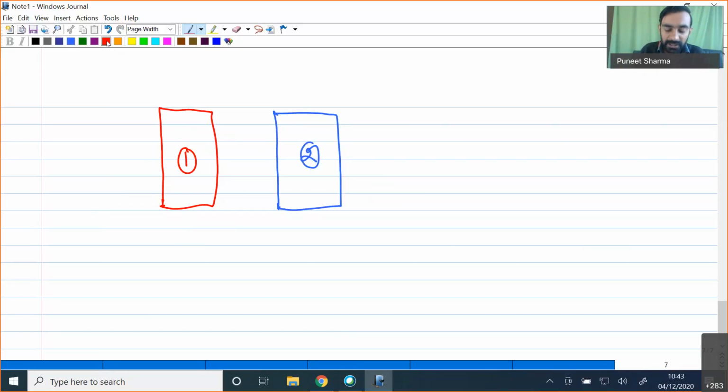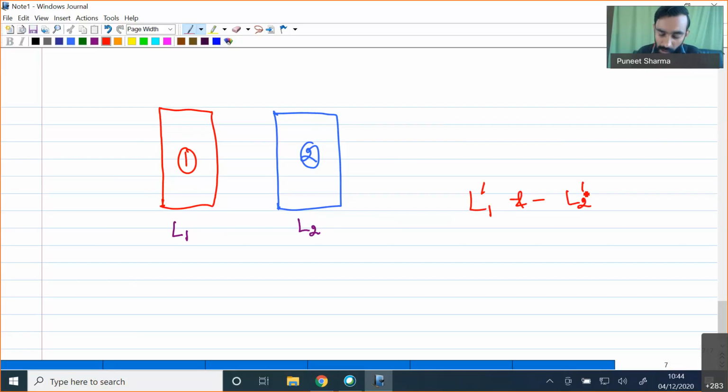Obviously we know the inherent nature of the material is that there will be some thermal expansion. So if I measure the initial length of both the blocks as L1 and L2, and now measure the length after they reach thermal equilibrium, let us consider their new lengths to be L1 dash and L2 dash.